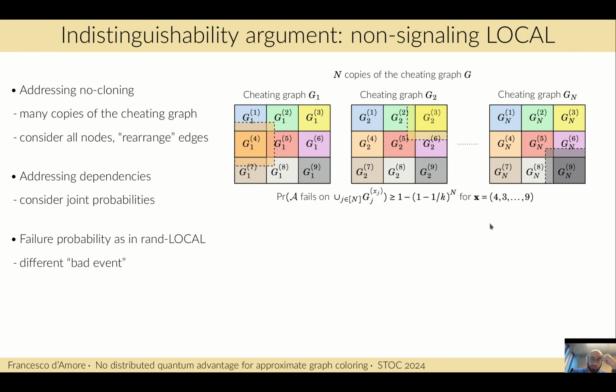This failure probability is exactly as in randomized local, but it is in spirit a different bad event, because we are not finding the region that in each graph has the highest failure probability, since in different graphs there might be dependencies. Instead, we consider the joint probability of all of them together.